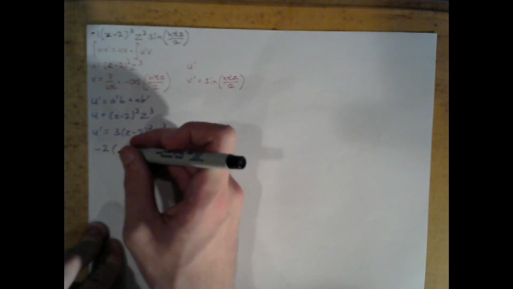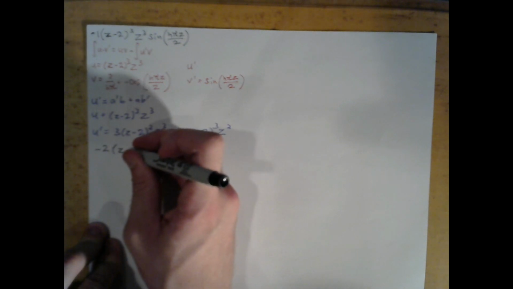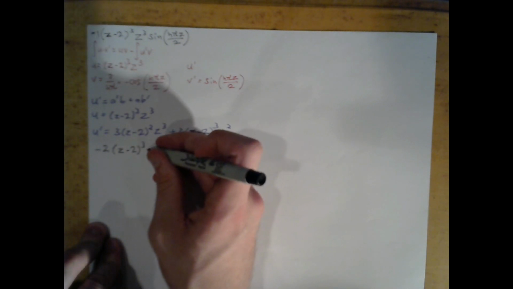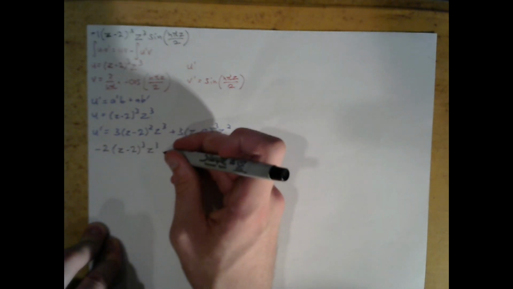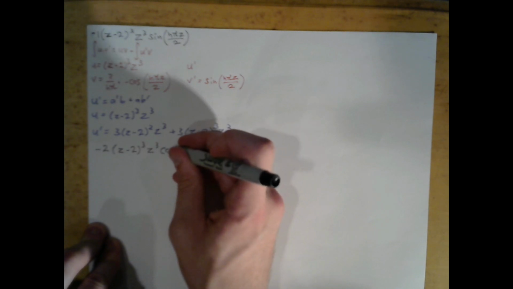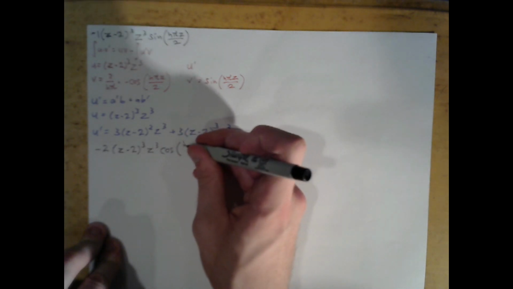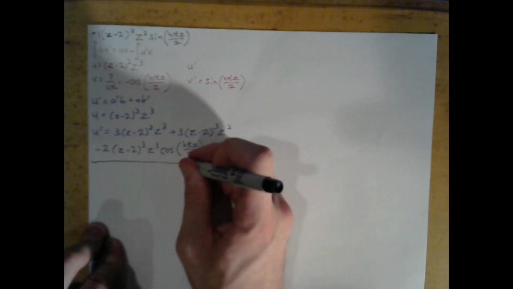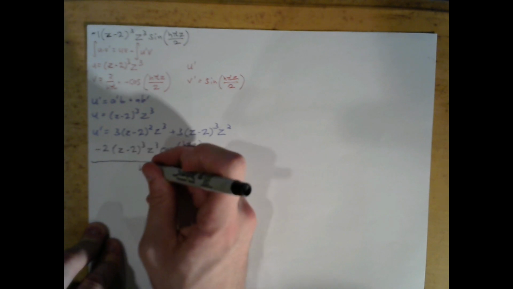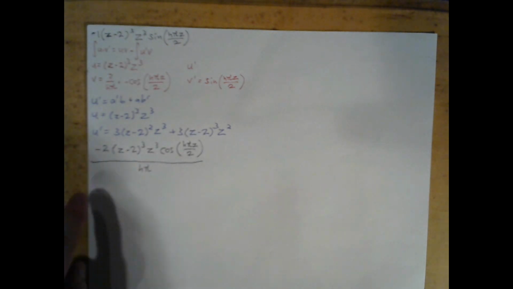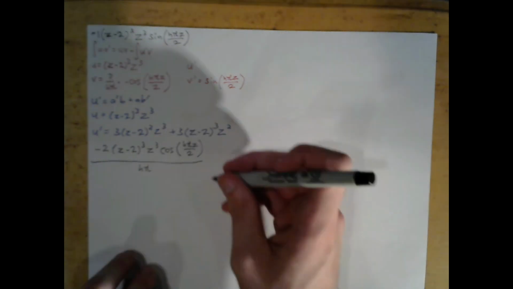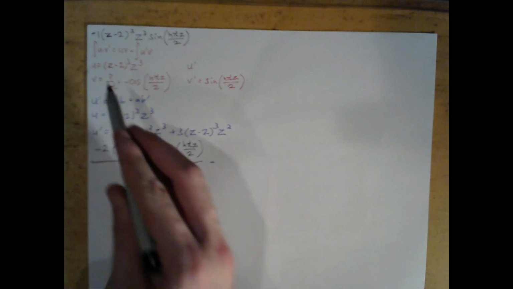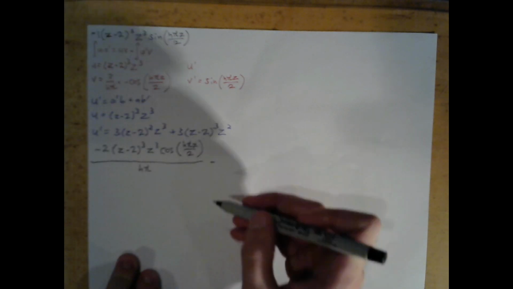So we're going to get negative 2 multiplied by (z minus 2) cubed z cubed times cosine hπz/2, and this is all going to be over hπ, and you're going to want to keep it that way. You're not going to want to distribute the negative 2, you just want to keep it all in this form yet. We're going to be subtracting now, and again, this is our v times our u term. Alright, so that's what we got here.